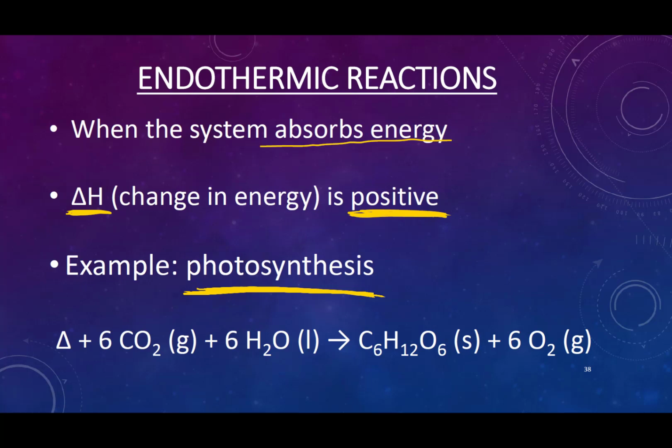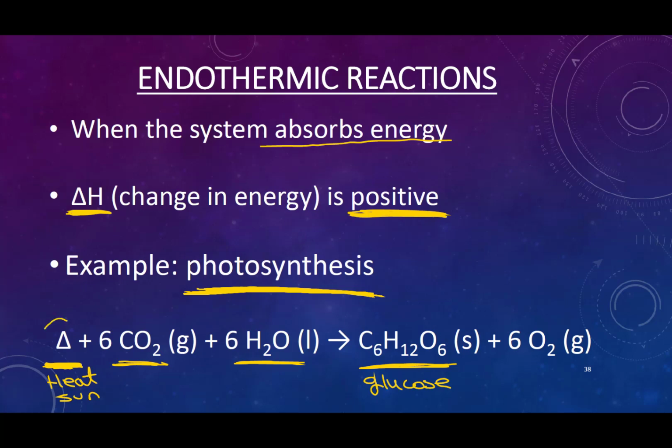If you look at this example and think about the green leaf, the green leaf takes carbon dioxide from the air, liquid water, and the heat from the sun, and it produces sugar or glucose. Your food. This is an example of an endothermic reaction.